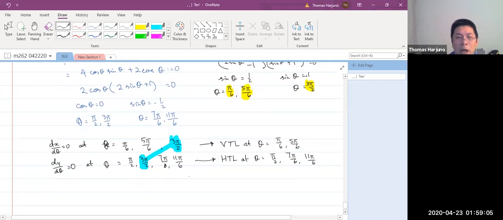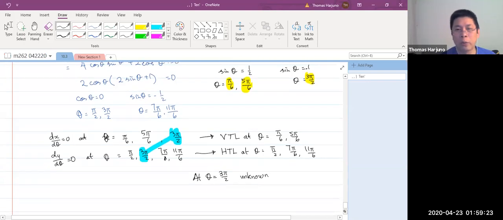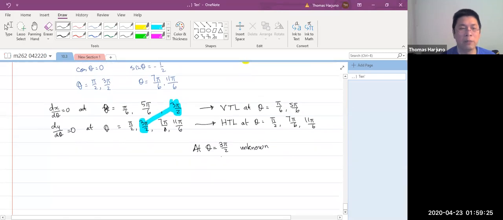At theta equals 3 pi over 2 unknown, because both of them give 0 such that the quotient is undefined. What we will do then is we will approach that slowly using limit.